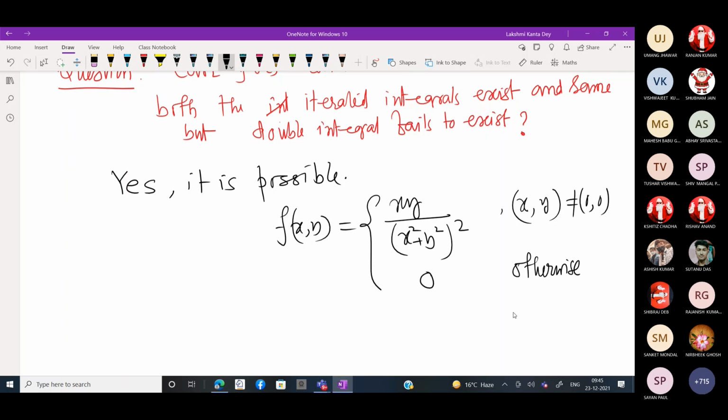Okay, so your R is minus 1, 1 cross minus 1, 1.